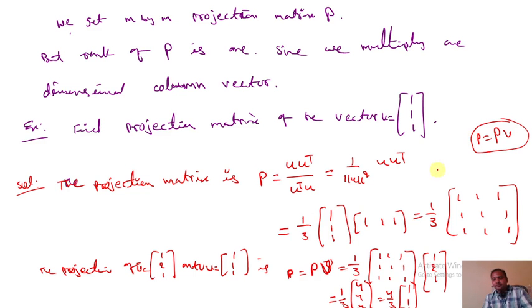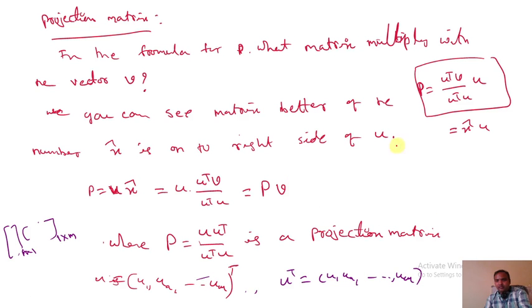And one more thing. Suppose you are projecting and you multiply the projection vector by two, U equal to 2U.